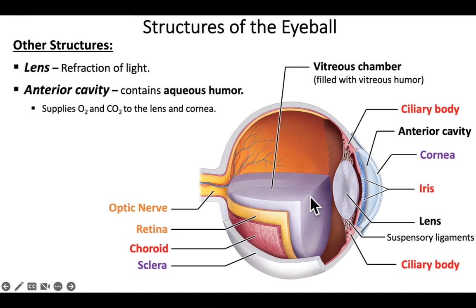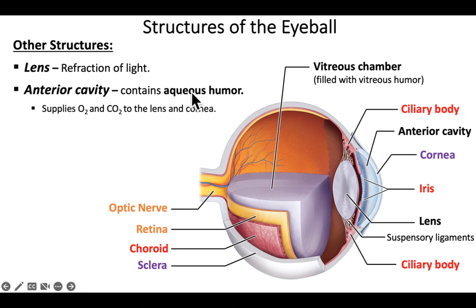So what's the function of the lens? The lens does refraction as well. So remember, cornea refracts light, but you can't change it. It's always going to refract basically the same way. The lens, you can manipulate it. You can change it with your ciliary body and bend the light more if the object is close, or bend the light less if the object is far.